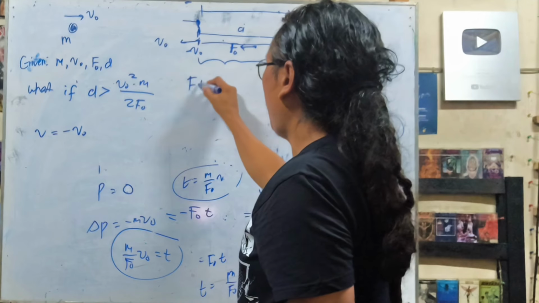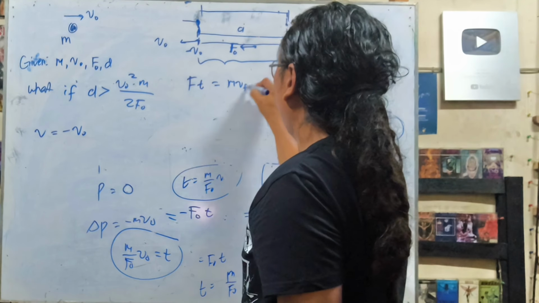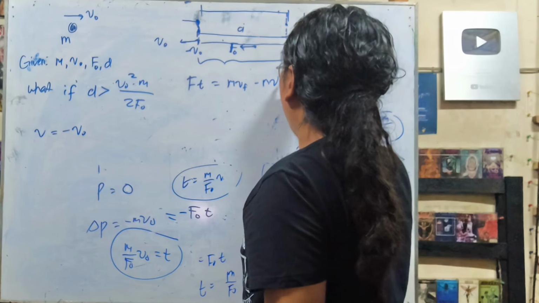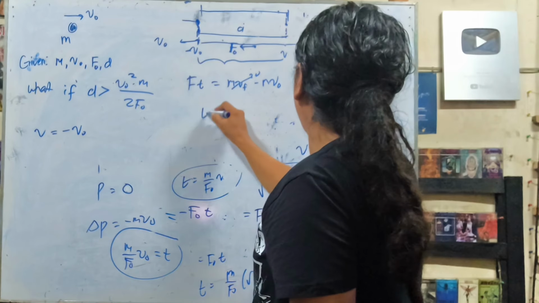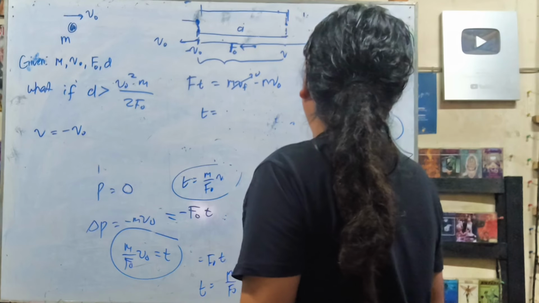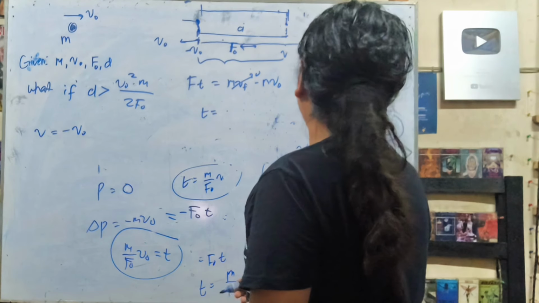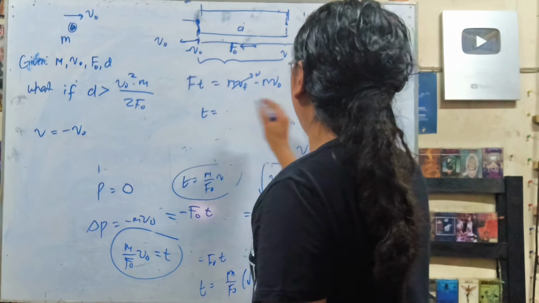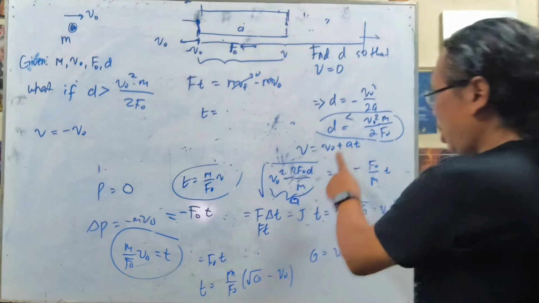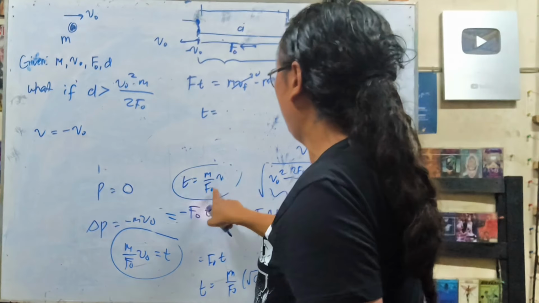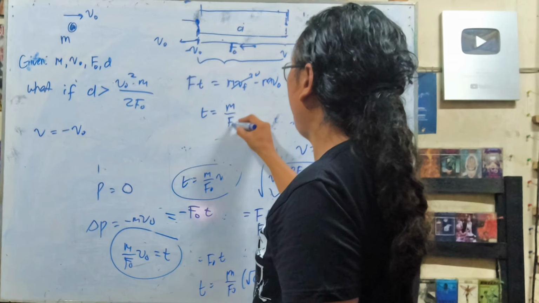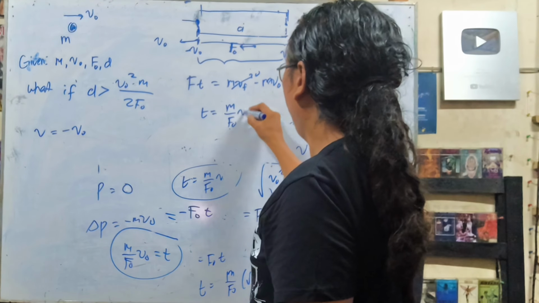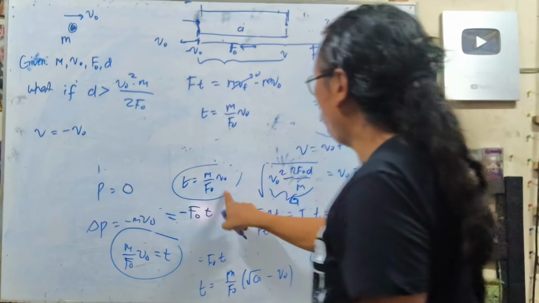F delta t or Ft equals mvf minus mvi, which is v naught. And if we set this to be 0, so t is just equal to m over f naught v naught. Okay, so we get this.